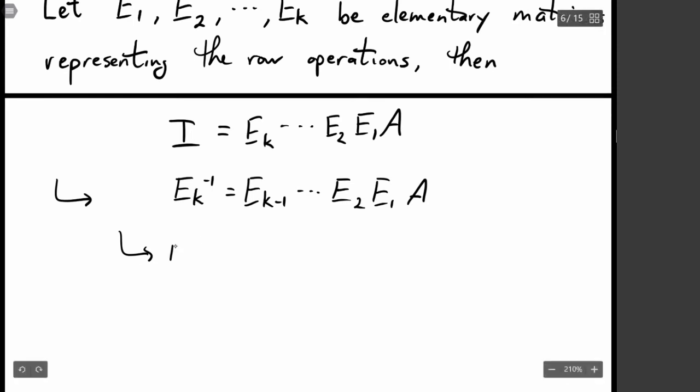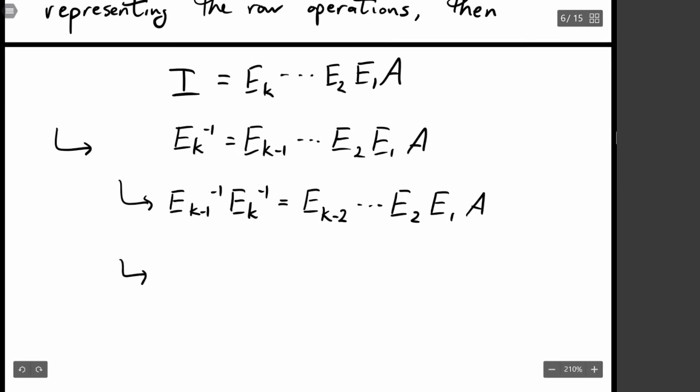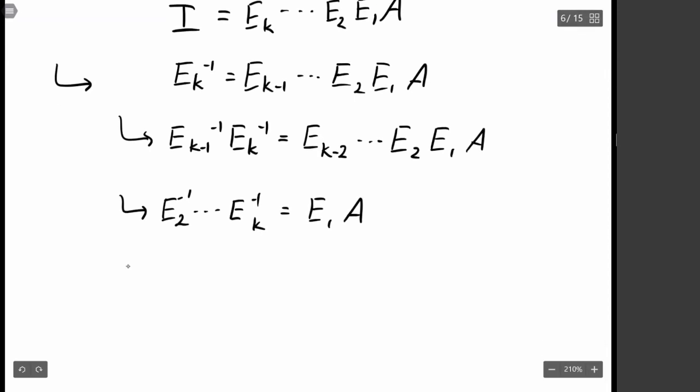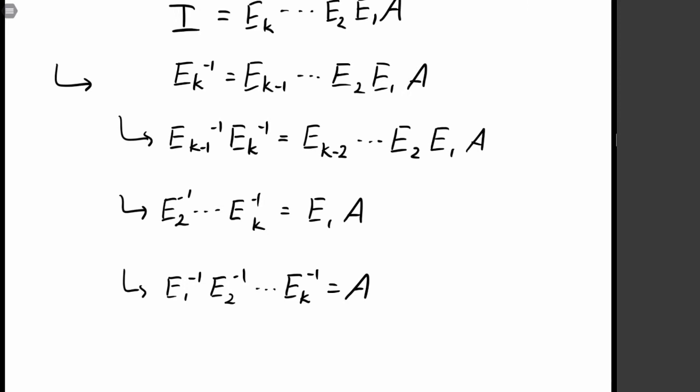So we take the second one over, and this will leave us with EK minus 1 inverse through E2, E1, A. And we keep doing this over and over, and eventually we're going to be left with E2 all the way up through EK inverse is E1 times A. And the last step, we'll say E1 inverse times E2 inverse, dot, dot, dot, EK inverse is A. So we just keep multiplying on the left by the inverses of these elementary matrices.